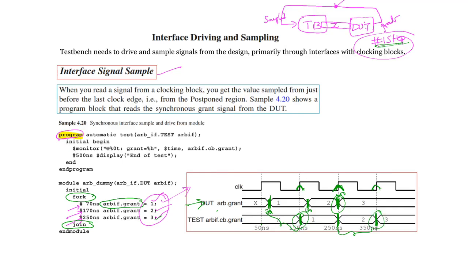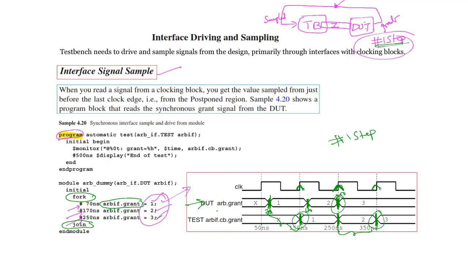So this shows the importance of the #1 step. The test bench inputs will always have some delay from the DUT outputs by default. By default it is #1 step, otherwise you can also specify the amount of time using the default statement in the clocking block.